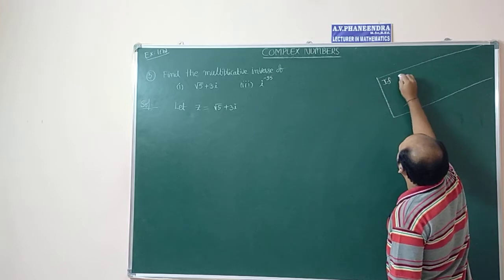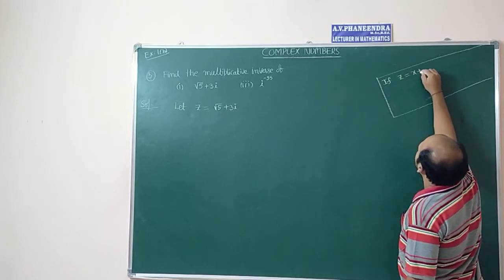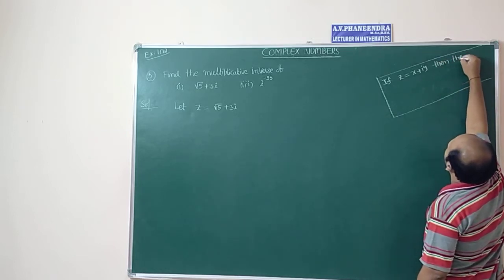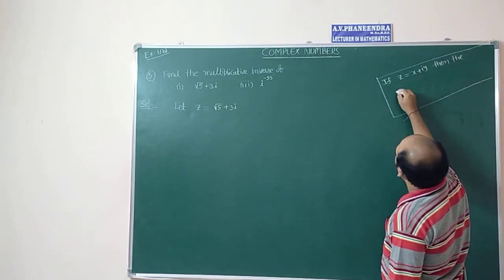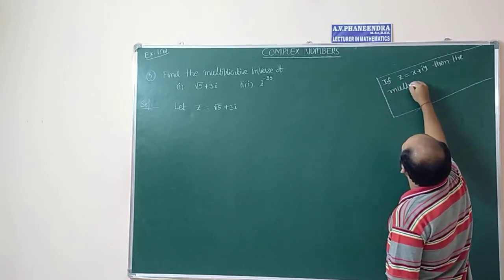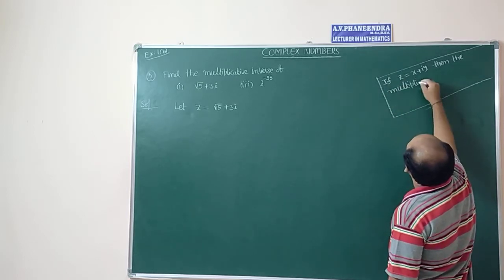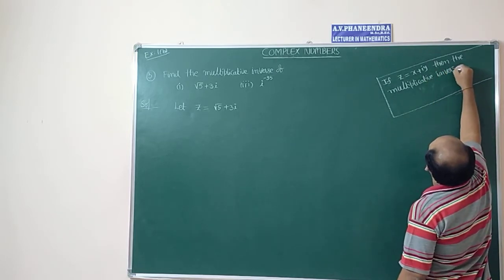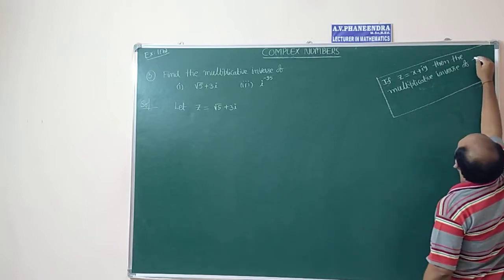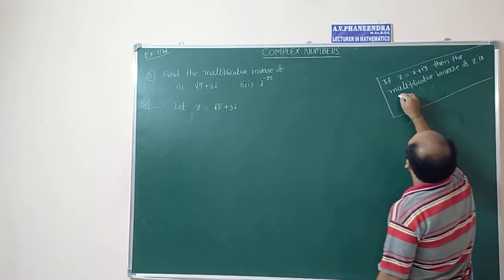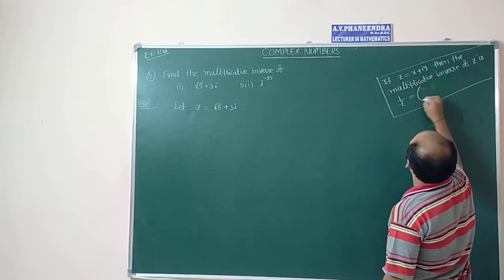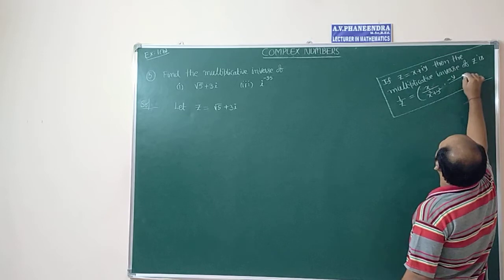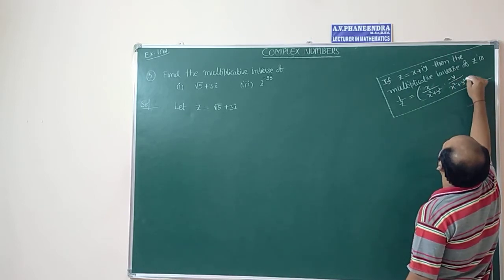If z is equal to x plus iy, then the multiplicative inverse of z is 1 by z is equal to x by x square plus y square comma minus y by x square plus y square.